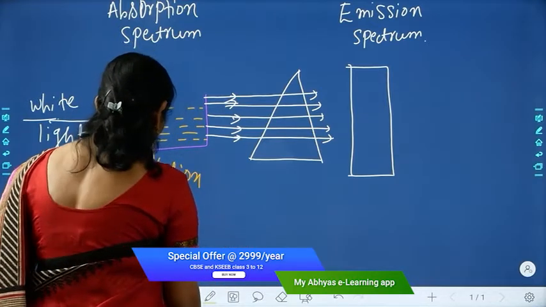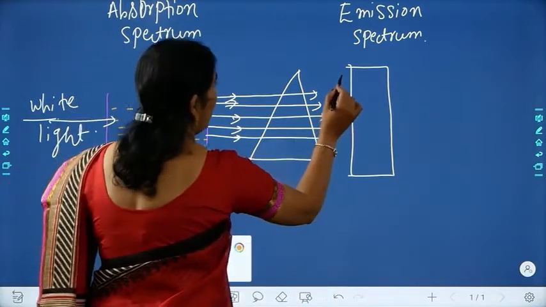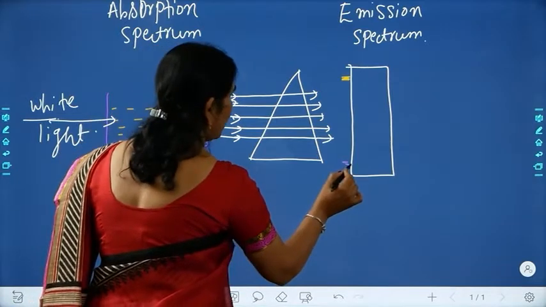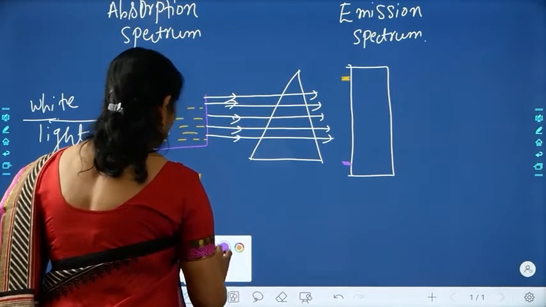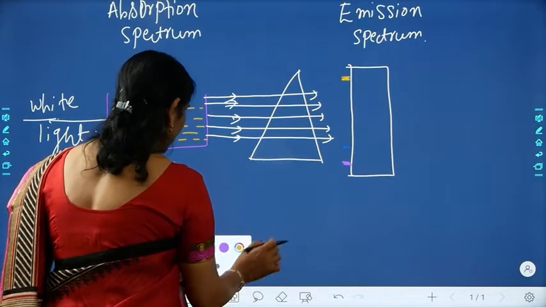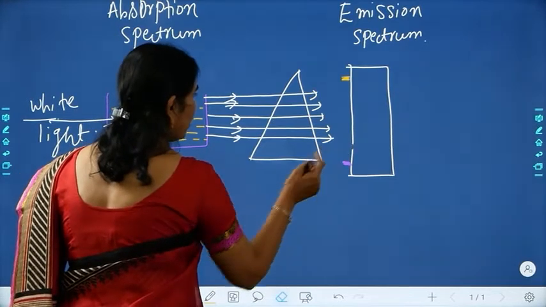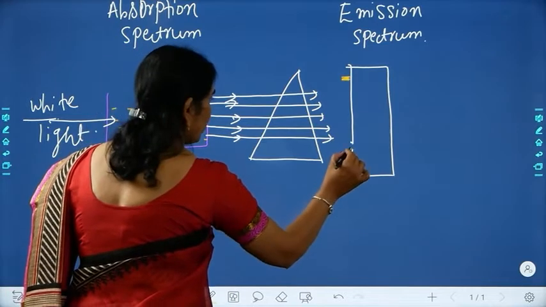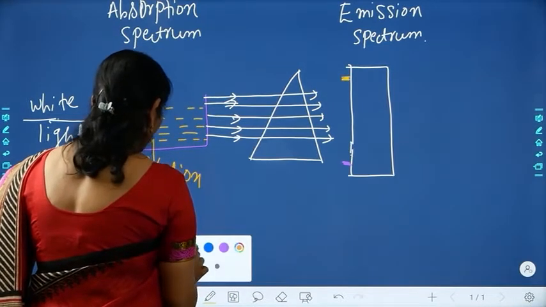For example, here it is showing yellow color, and then it will have violet color, right? And it is having blue color. I'm sorry, it is not having blue color now because blue and green light has been absorbed, right? So here, this is a black background actually.